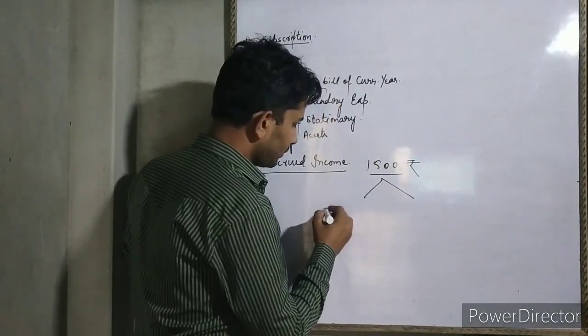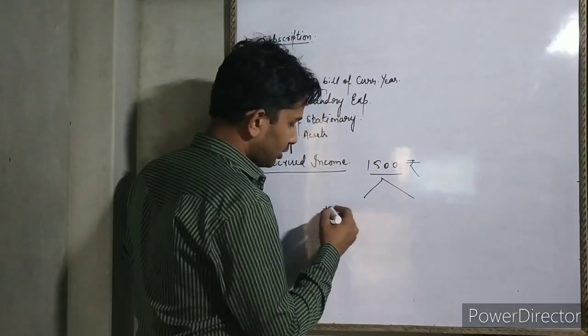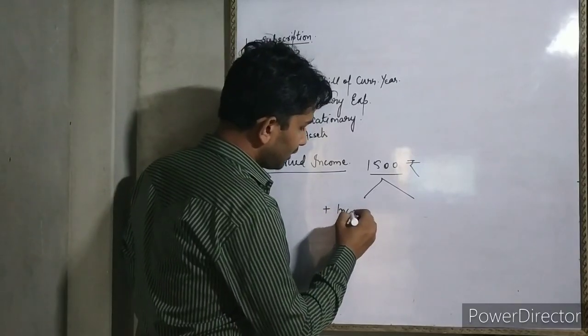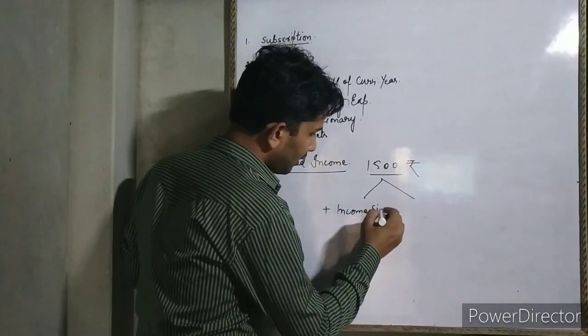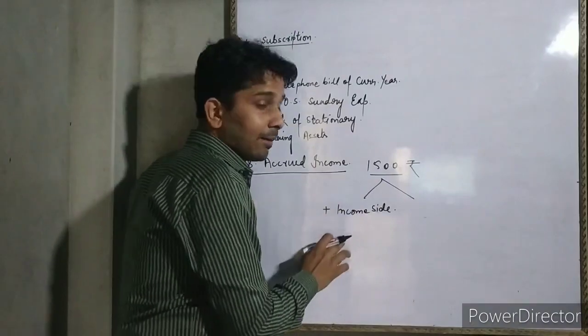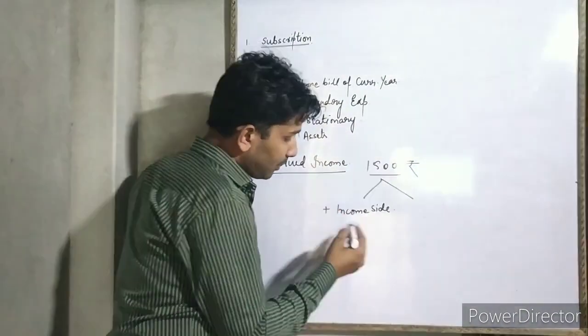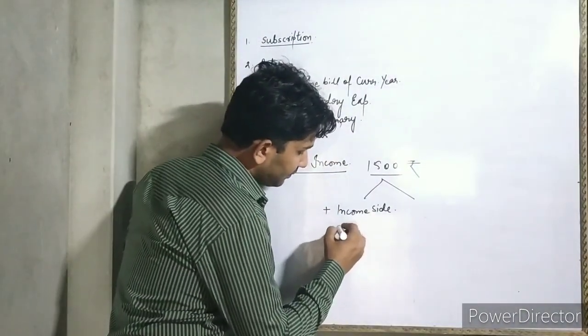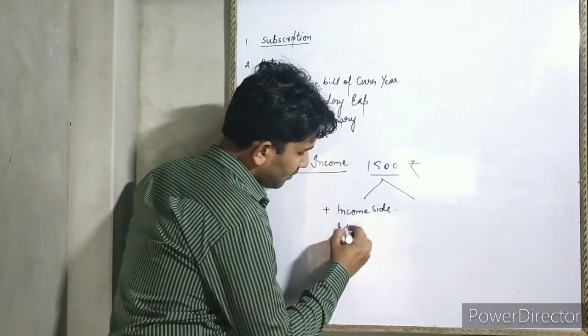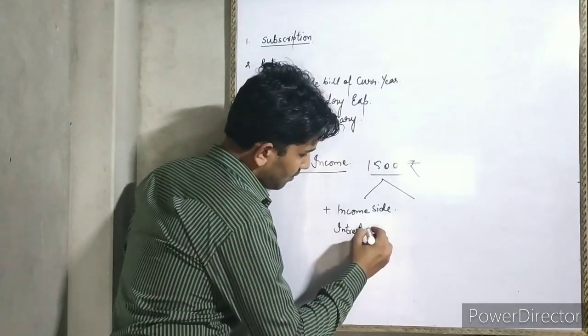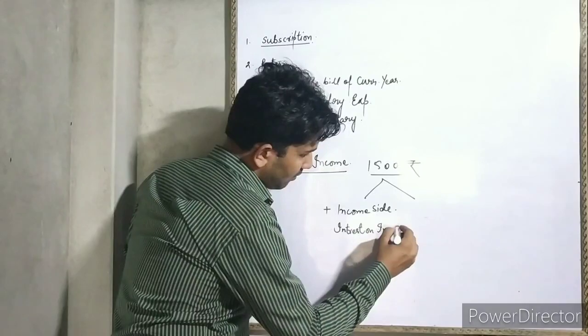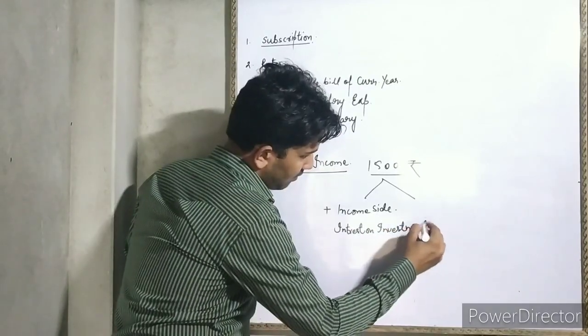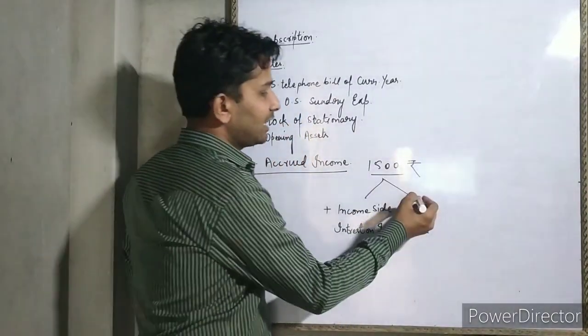Firstly, it will be added on the income side, with interest on investment. And second, where will it be posted?